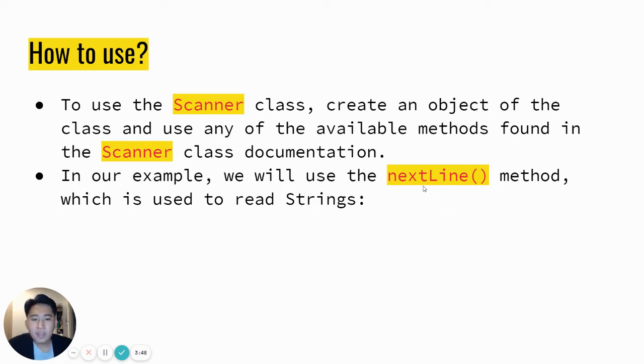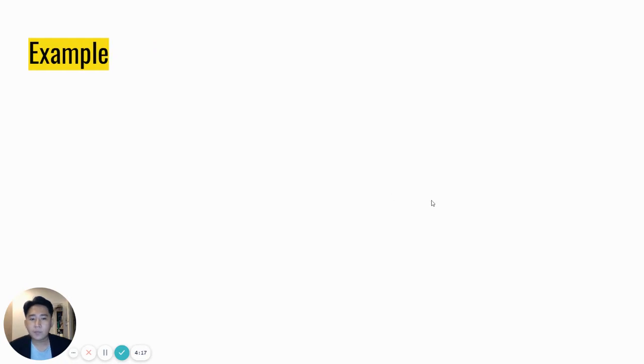Remember, strings are multiple characters, right? Paragraphs or words. Those are the values that you can input inside strings, and nextLine is used to read those values. So let's move on to the example.